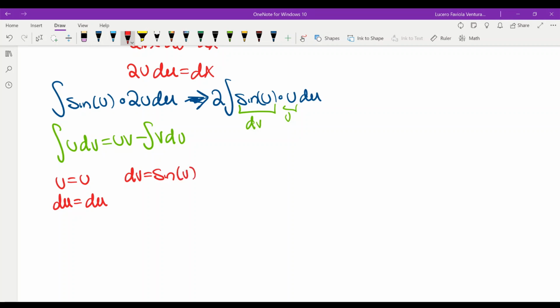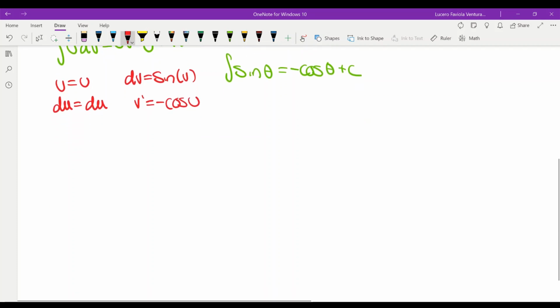And if we remember from our trig functions, the integral of sine theta is equal to negative cosine theta plus c. For now, we'll ignore the plus c until towards the end. So v equals negative cosine u.